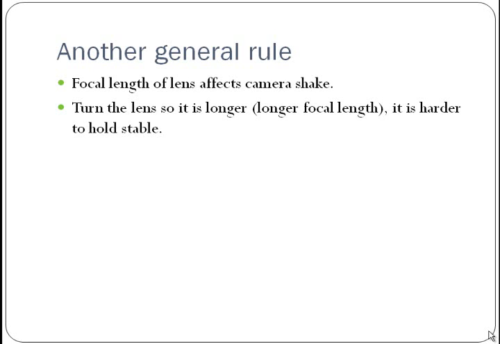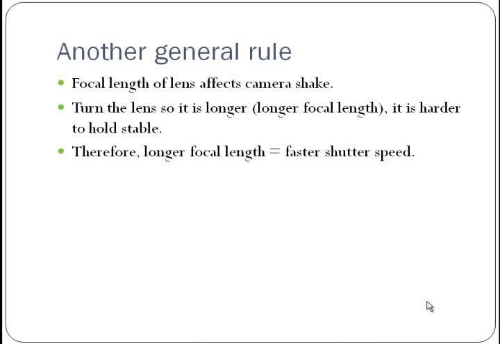Your point and shoot cameras that don't have those lenses that stick out are going to be easier to hold stable than even a DSLR lens that sticks out some. And of course, if you zoom that DSLR way out, it's going to be even harder to keep it stable. So, going back to the first thing mentioned here, the focal length of the lens affects the camera shake.